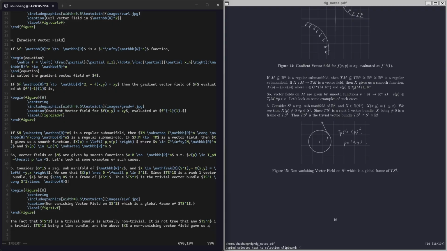So it gave us a global frame, such that the entire tangent bundle is actually trivial.